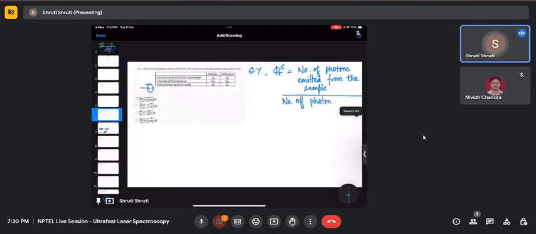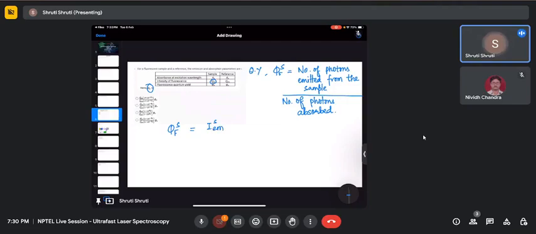So this is the expression. So you can have the quantum yield of the sample into this factor into the quantum yield of the reference. So this will be the final expression.